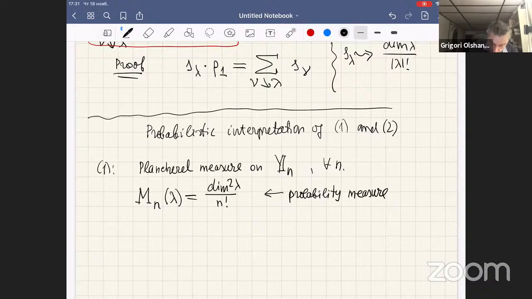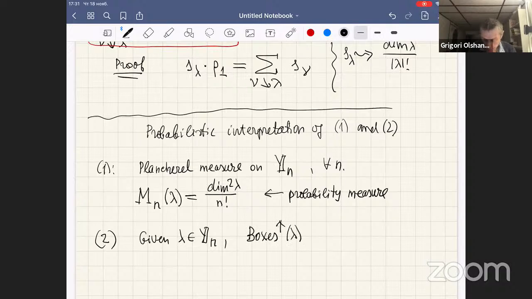What about 2? So let's introduce some notation. I want some notation for the set of boxes which can be added to a given Young diagram. So given a Young diagram of arbitrary size, say n, let's write as follows: boxes up, lambda.